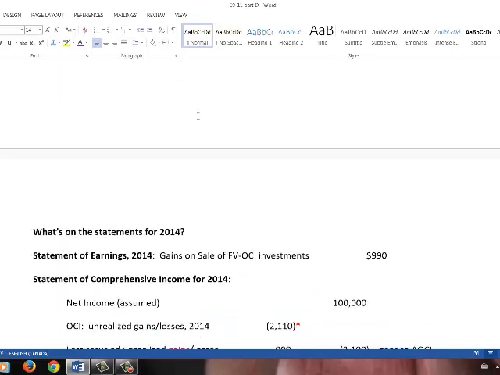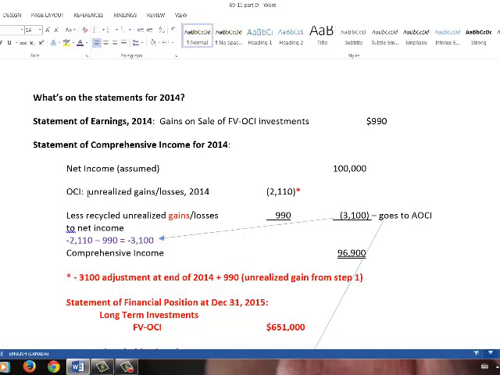So if we go back to our statements, the unrealized gain or loss for 2014, what got processed this year into comprehensive income, is negative 2,110. That's your debit to the unrealized gain or loss account of 3,100 plus your credit, your unrealized gain from step 1.